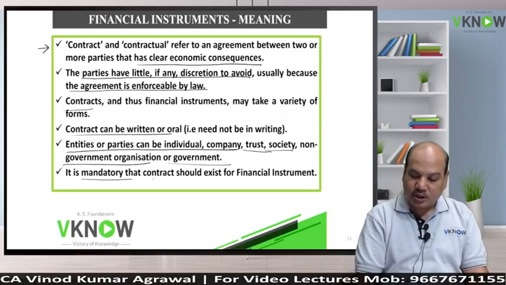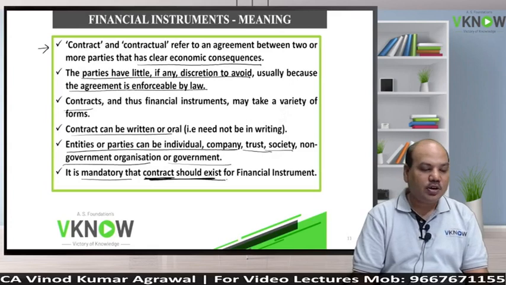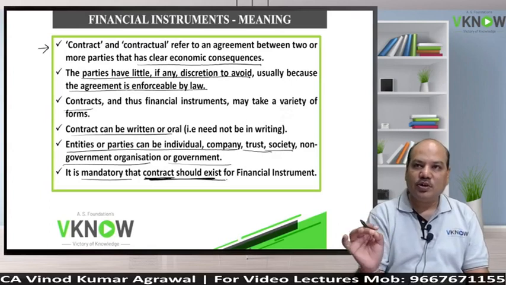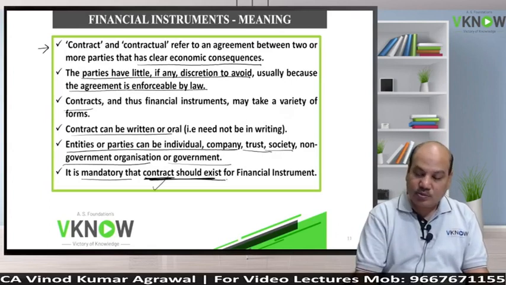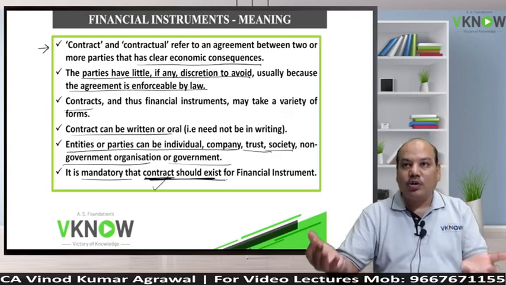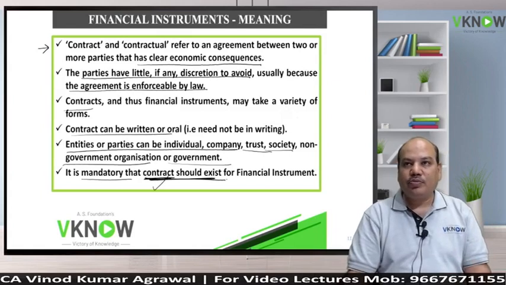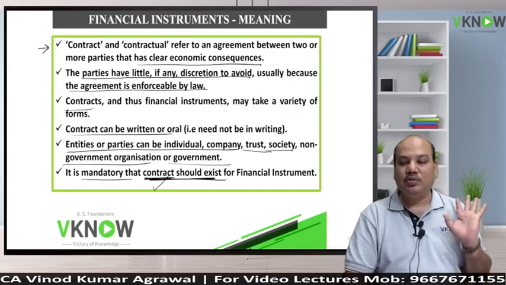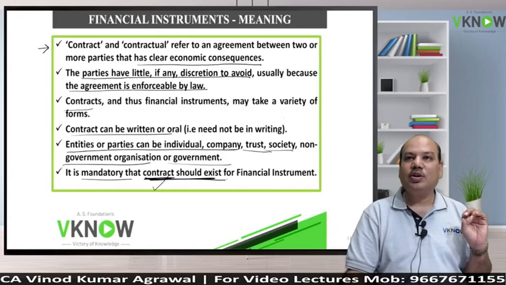It is mandatory that a contract should exist for a financial instrument. So if you have to check whether a particular asset or liability is a financial instrument or not, first we have to check whether there is a contract or not. For example, income tax payable is not a financial instrument.